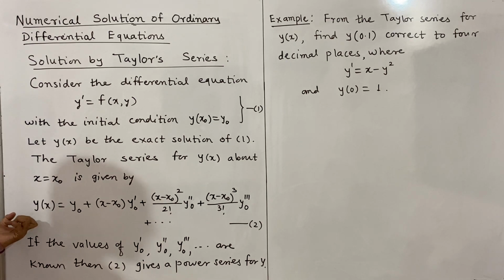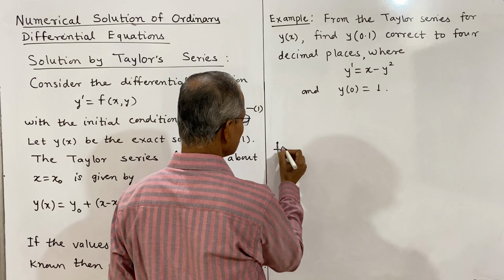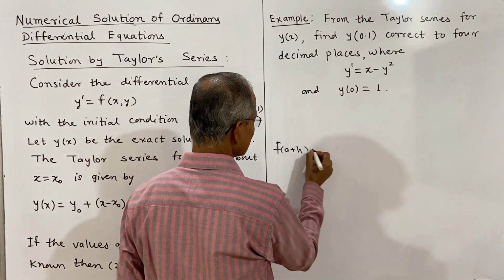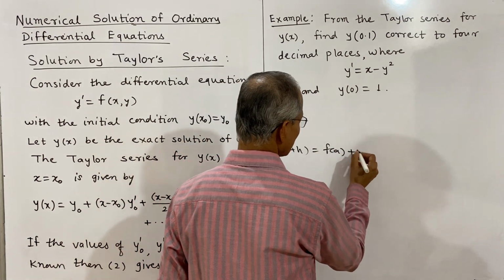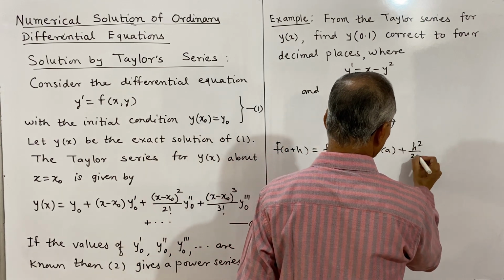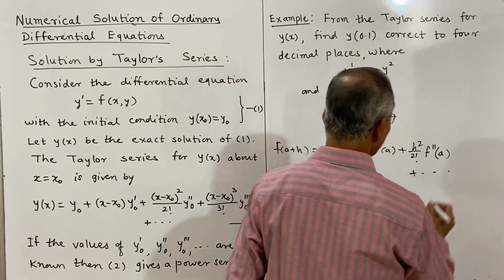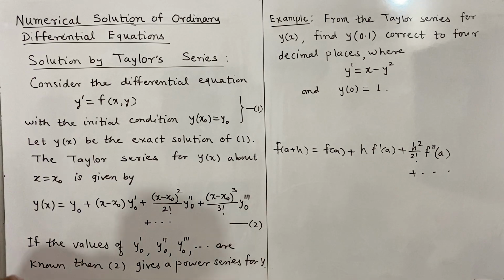So, this is the expression for Taylor series, and we know the usual form of Taylor series is f of a plus h is equal to f of a plus h f dash at a plus h square by 2 factorial second derivative of f at a, plus etc. This form may be written in a different way, and here we have considered the form where the function is taken as y of x.